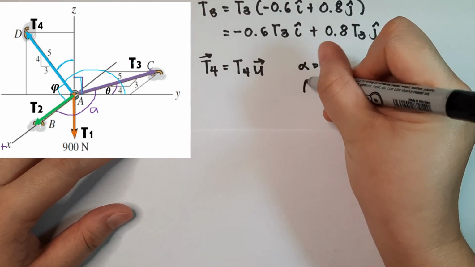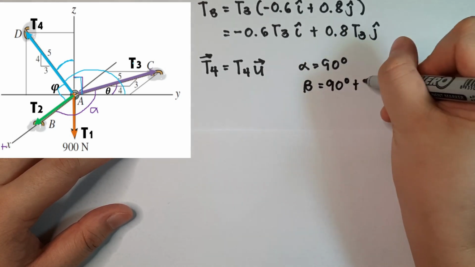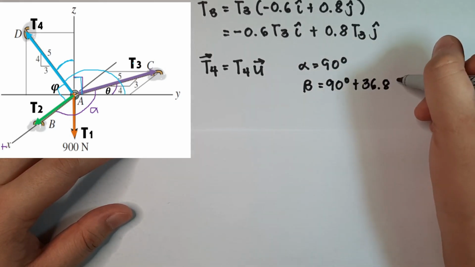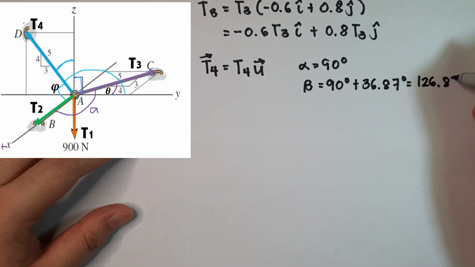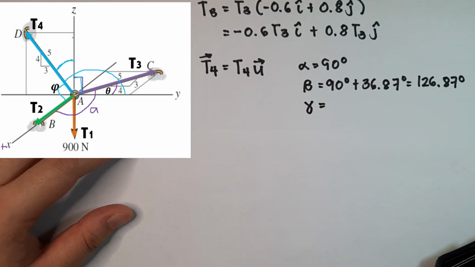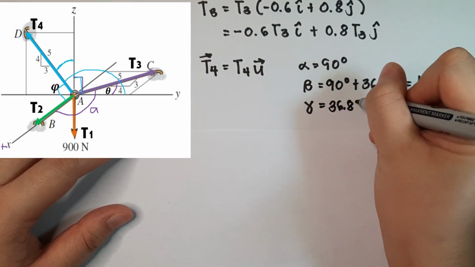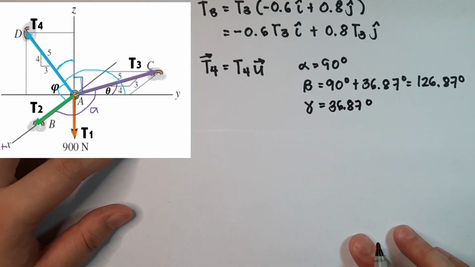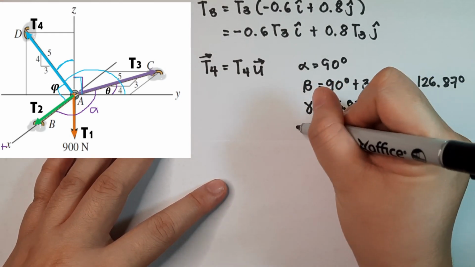So my beta now is equal to 90 plus 36.87, so it will be 126.87 degrees. While for my gamma, coming from positive z going to T4, this angle is 36.87. So gamma is 36.87 degrees.